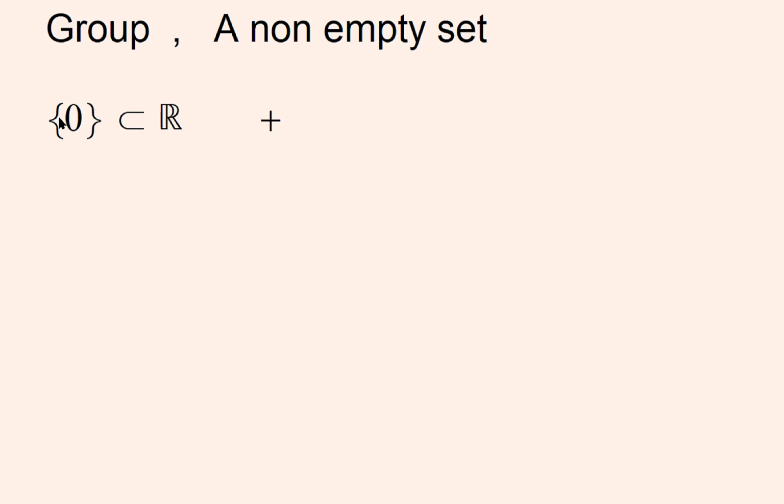Now what we notice is that 0 plus 0 is 0. So we add them together, we stay within the same set. And if we do 0 minus 0, that is also a 0. So we can subtract 0 from 0 and get a 0.